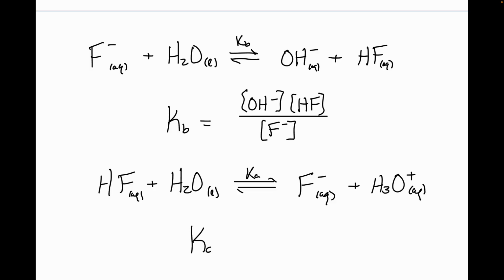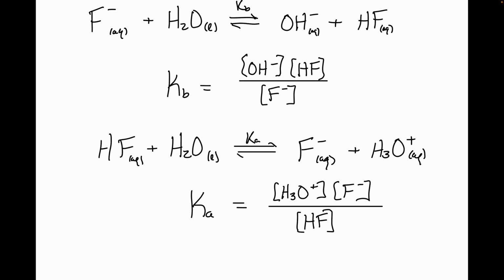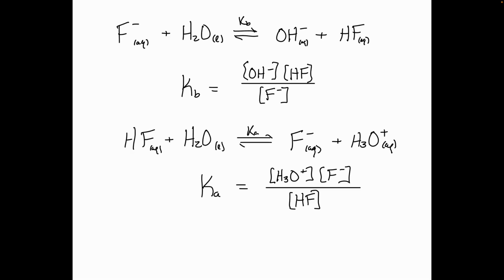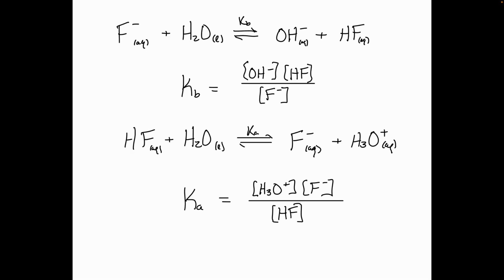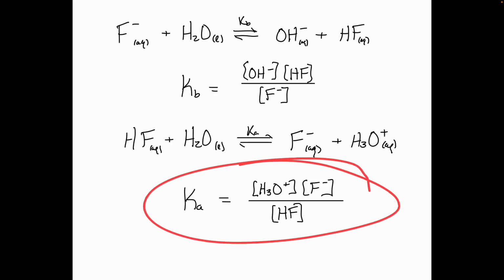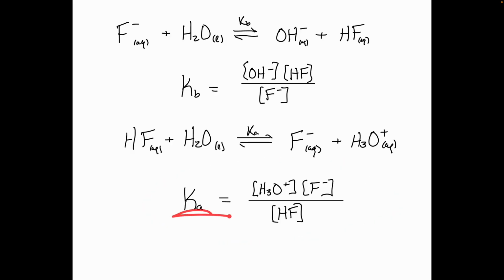So if we do our Ka expression, okay, sorry. Importantly, what I know based on my constants page is this value here, my equilibrium constant for my acid dissociation reaction. And what I don't know is my equilibrium constant for my base dissociation reaction. But these two turn out to be closely related to one another.